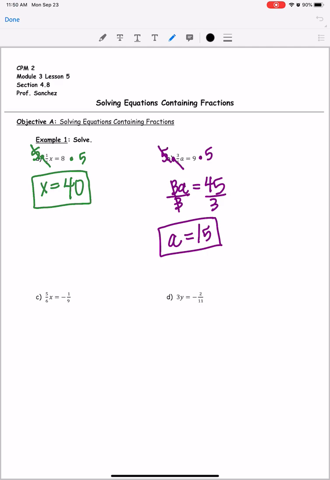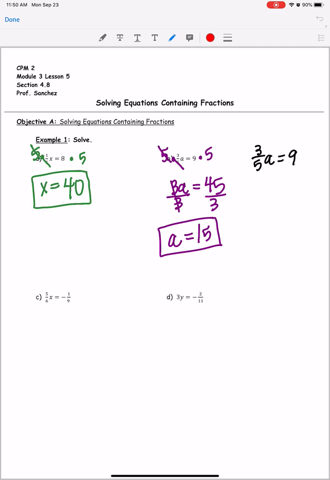The other way to do this, I'm just going to rewrite the problem over here. 3 over 5a equals 9. Okay, the second way to do this is to do it all in one step.